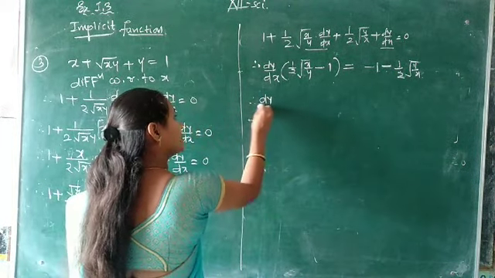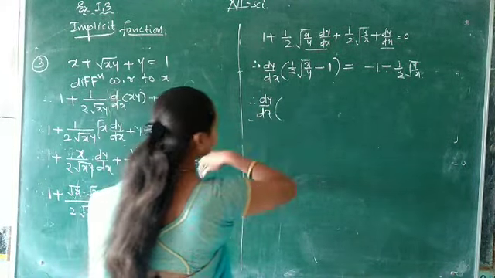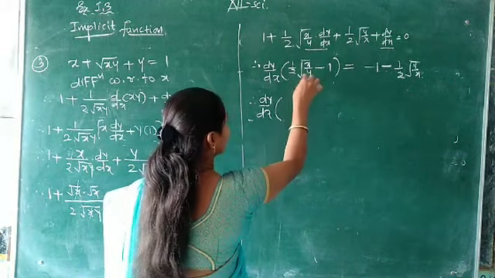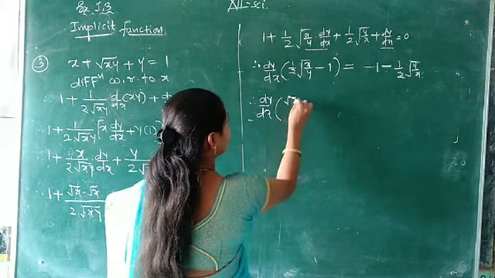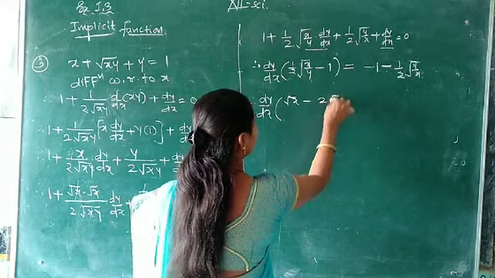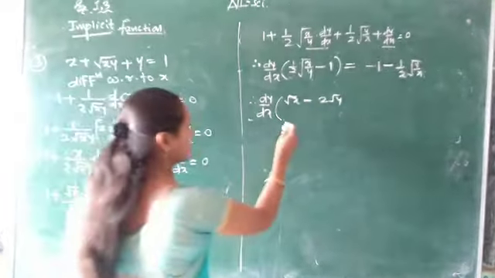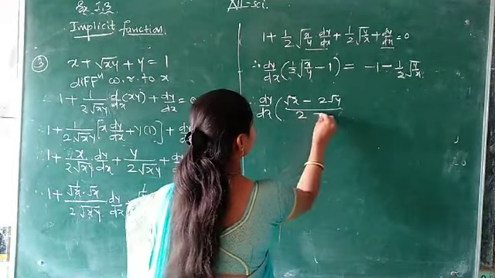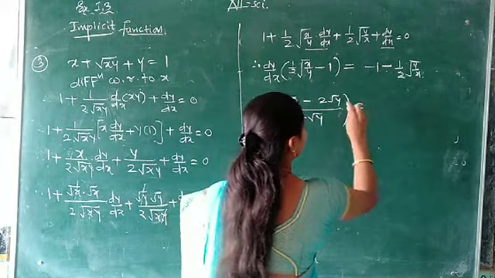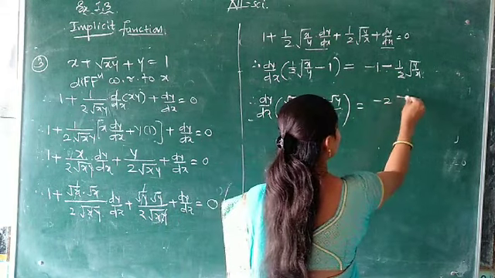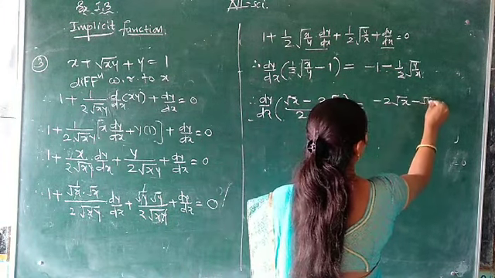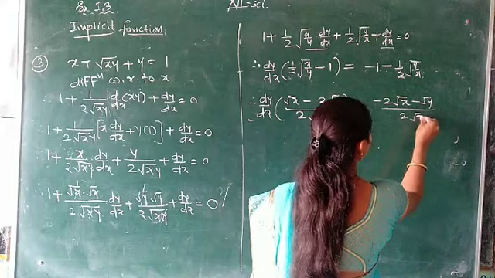Now here I am simplifying these terms. Look here. The root x into root y, that is root x minus 2 root y. Here if we multiply by 1 upon 2 root y, then it is root x minus 2 root y divided by 2 root y is equal to, again here we multiply the minus 2 root x minus root y upon 2 root x.